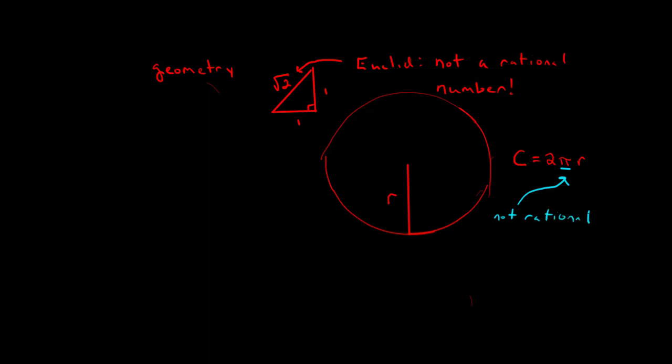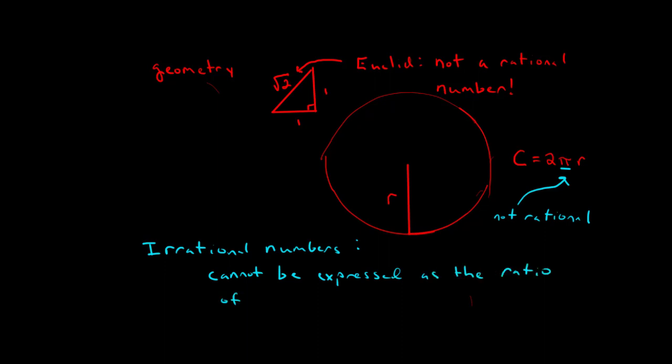So these irrational numbers need to be added to our set. These are the numbers that cannot be expressed as the ratio of two integers.